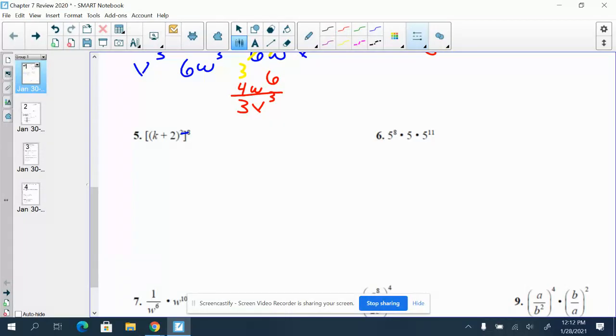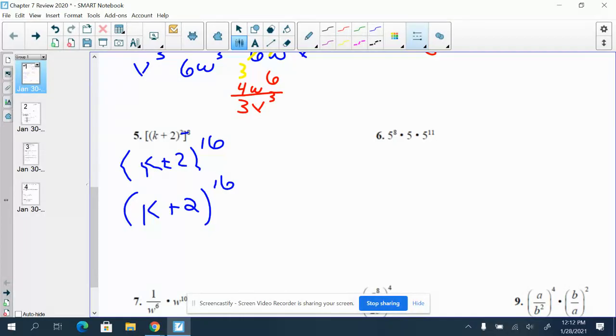You take 8 times 2, and you get to the 16th power. Oh, sorry, the board sucks. Now, you can break that down, but since it's such a big number, you don't have to worry about it. So you can just leave it as, I'll write it a little bit better, K plus 2 to the 16th power.